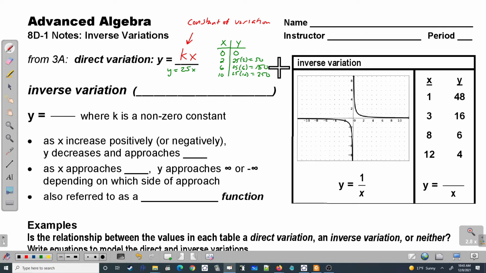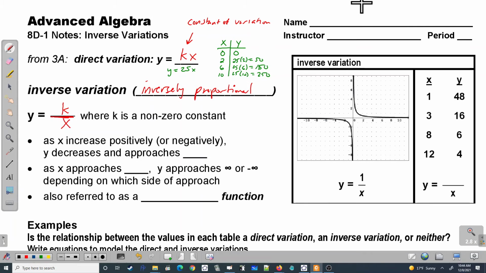What we are going to be doing is called an inverse variation, also known as inversely proportional. And the difference is, instead of y equaling k times x, it's going to be y equals k divided by x.